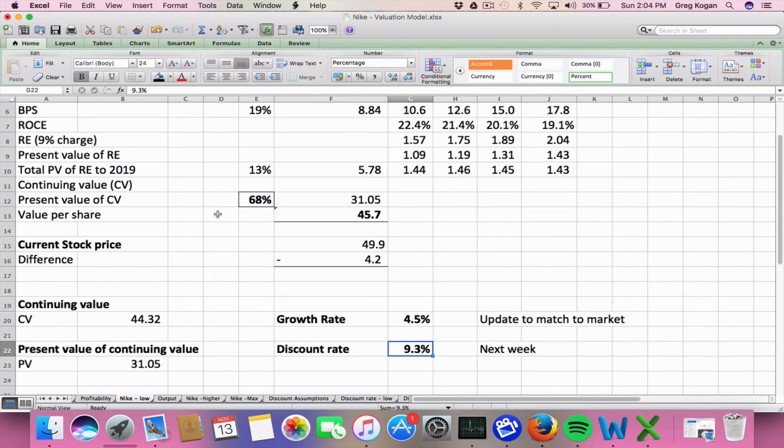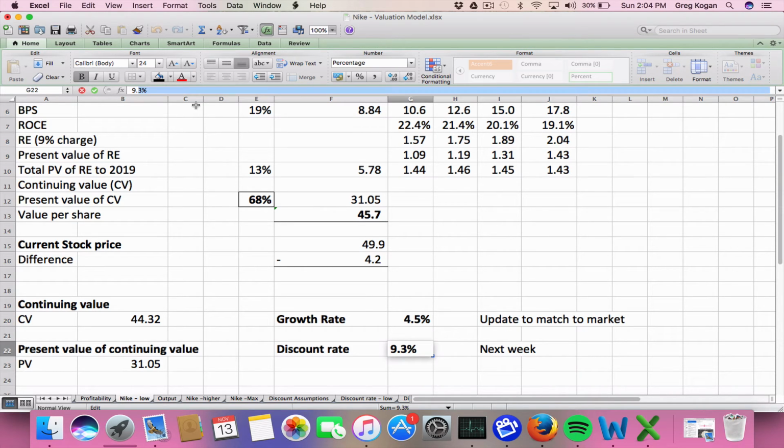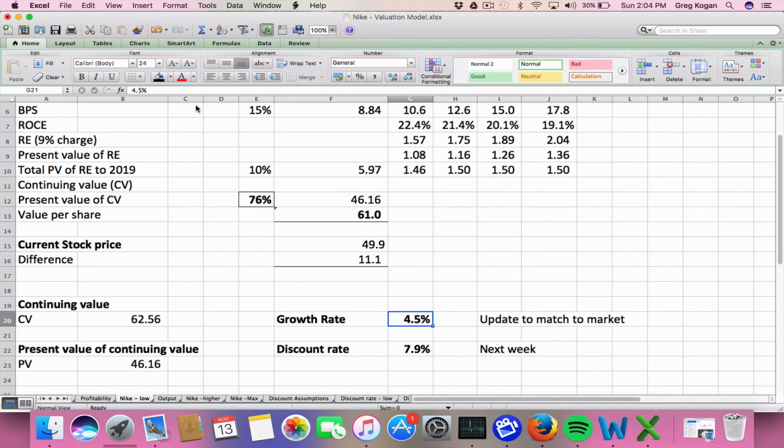So I basically end up using these three here. At 7.9, I get a stock value of 61, at 8.6 I end up getting 52, and then at 9.3, I end up getting 45.